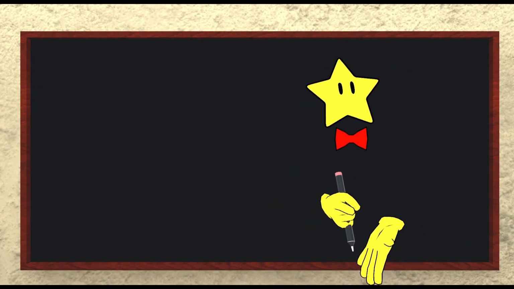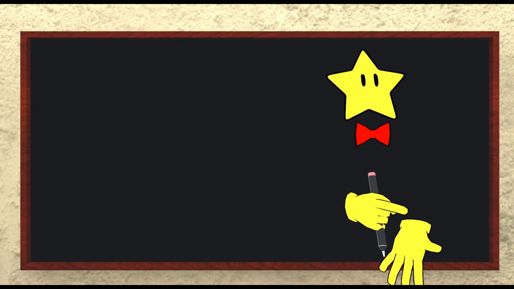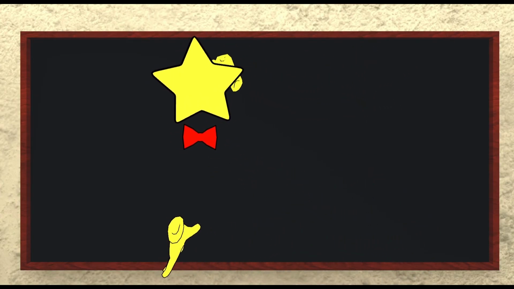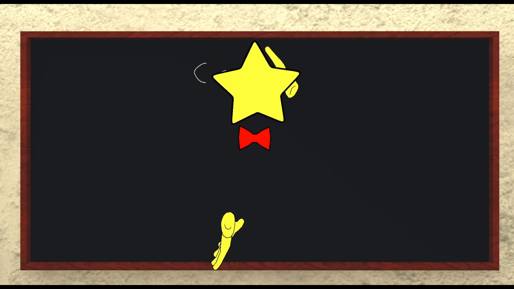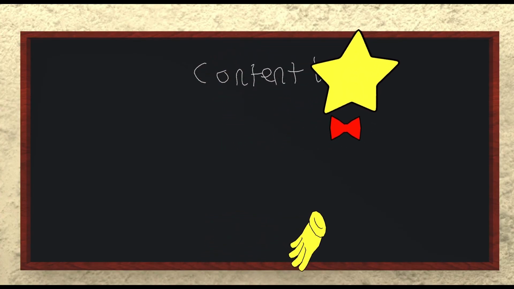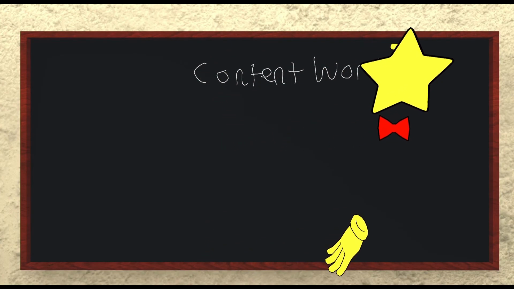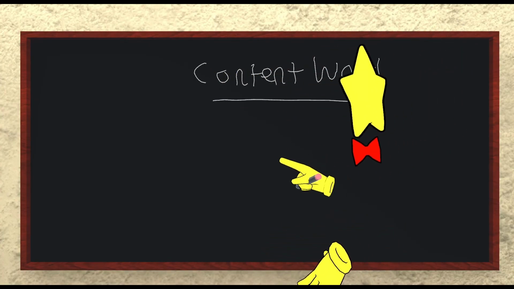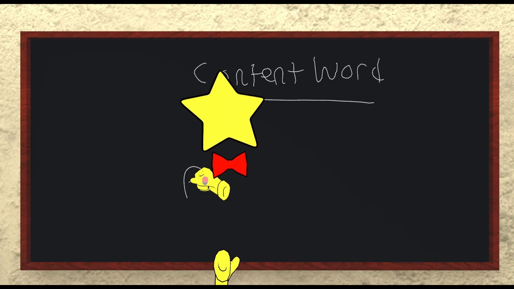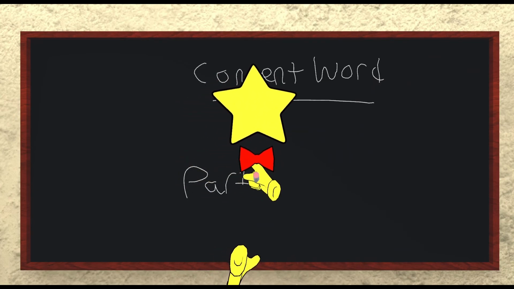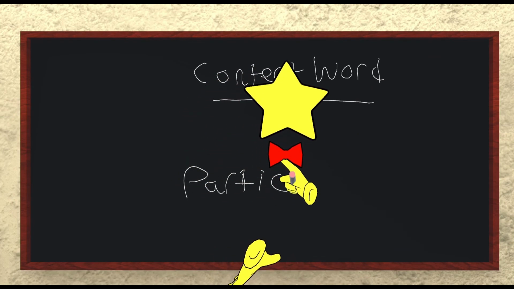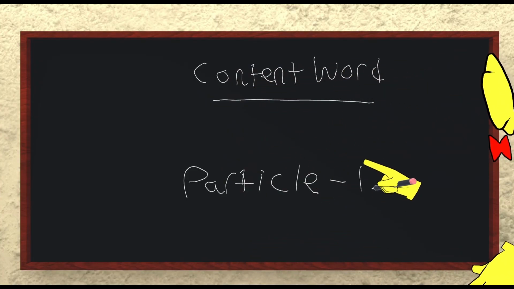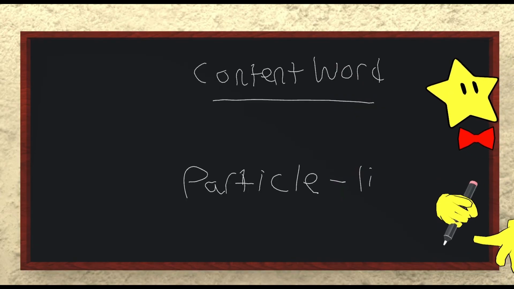And that is the distinction between what's called a content word and a particle. So let's write that down. Content word, and we'll fill this in a moment. And then we have over here, particle. We've only seen one so far, and that is li.